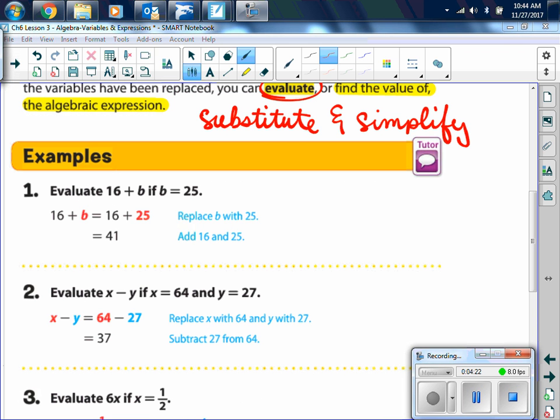So, for example 1, it says evaluate 16 plus b if b is equal to 25. Now here, wherever there is a b, we're going to substitute in the 25. So here we have 16 plus 25, and then you just add it together, you get 41.